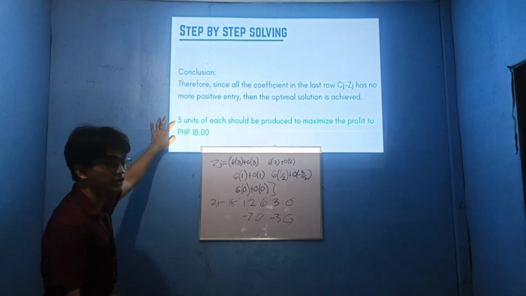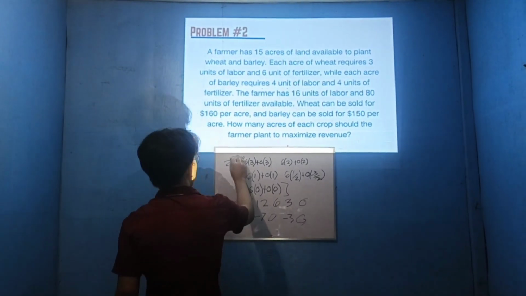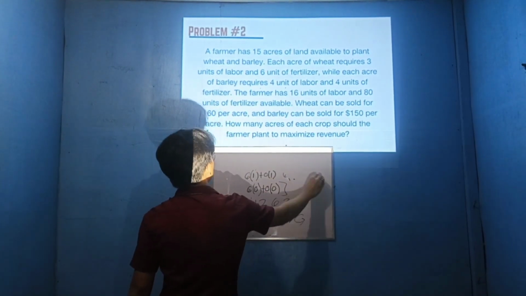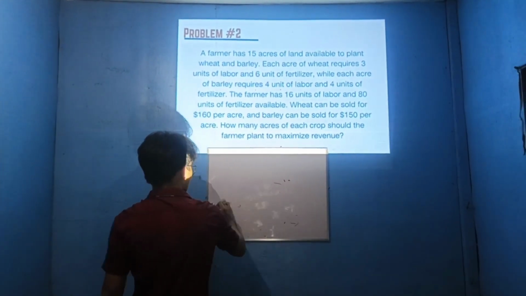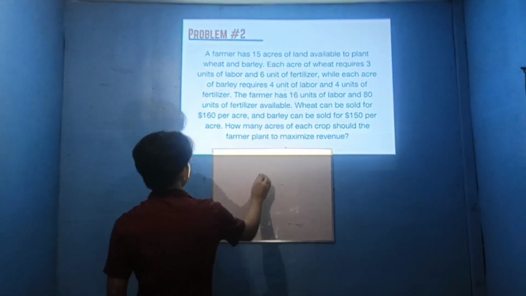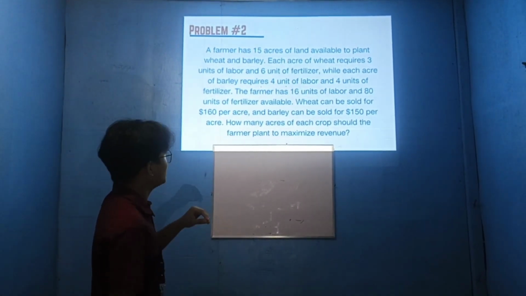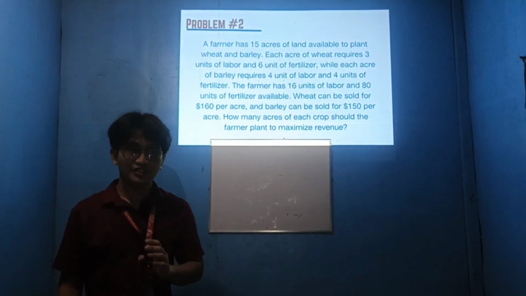to problem number 1. For problem number 2, a farmer has 15 acres of land available to plant wheat and barley, and each acre of wheat requires 3 units of labor and 6 units of fertilizer, while each acre of barley requires 4 units of labor and 4 units of fertilizer.